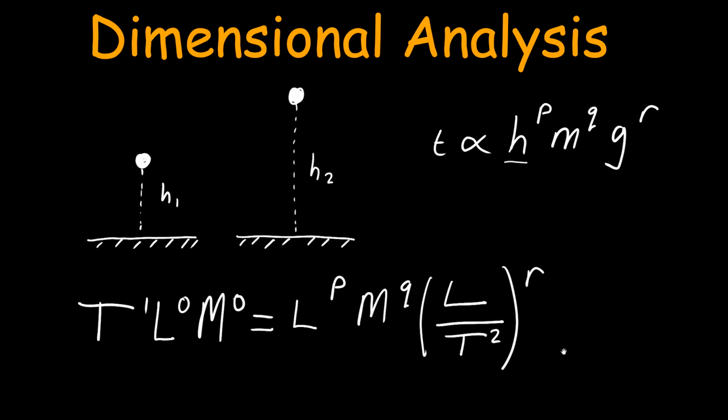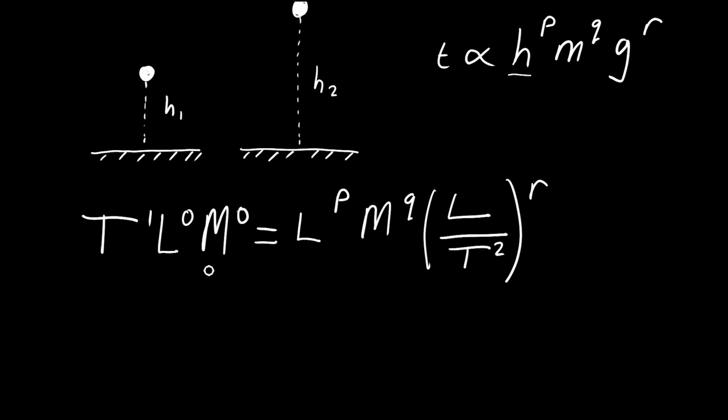Because there's no mass on the left-hand side, this value of q here must equal 0. So q equals 0. That suggests that mass does not have an influence on the time it takes for the ball to hit the ground under a constant gravitational field.